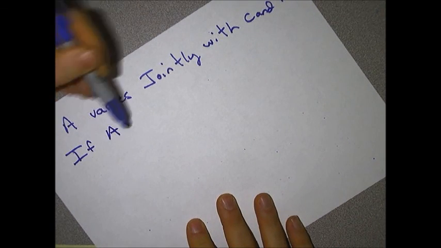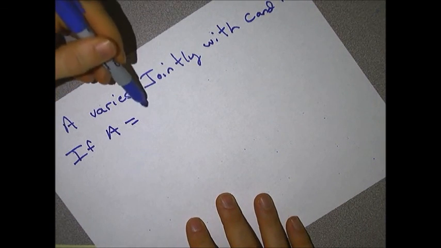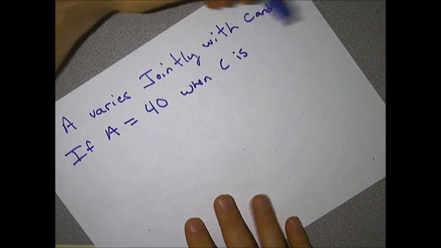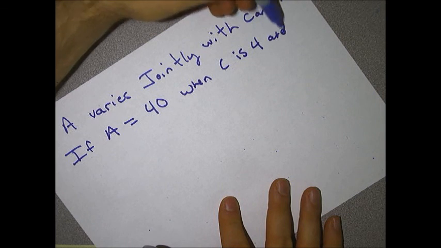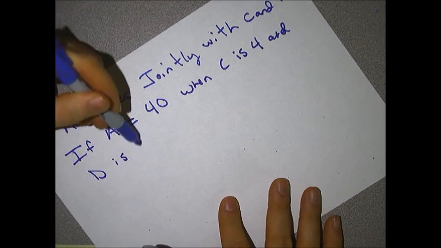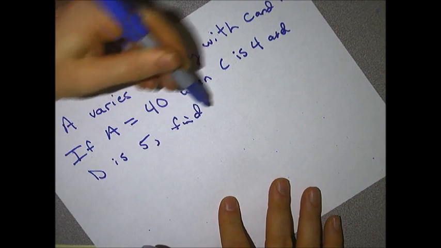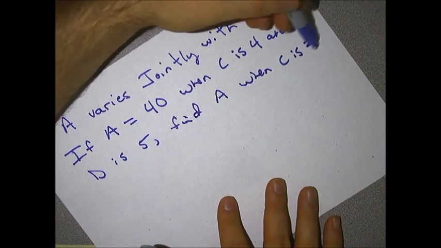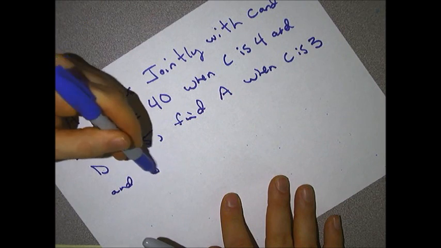If a is 40 when c is 4 and d is 5, find a when c is 3 and d is 1.